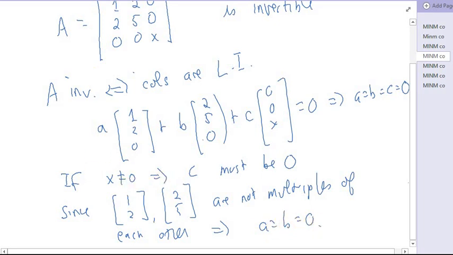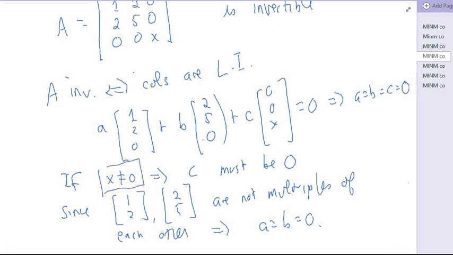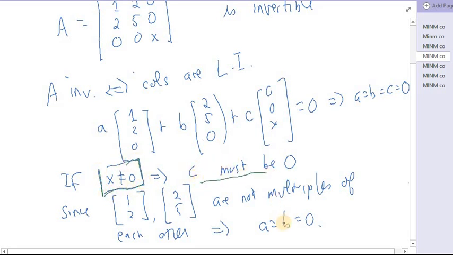So the thing is that if x is not 0, then c must be 0, a must be 0, and b must be 0.